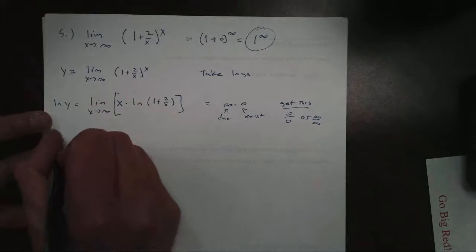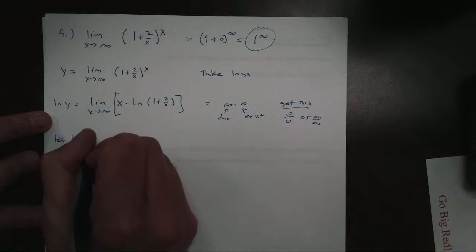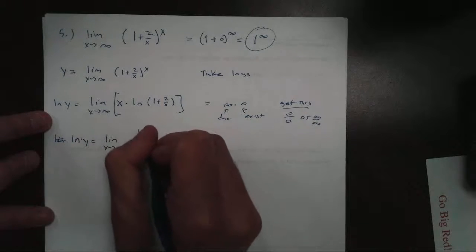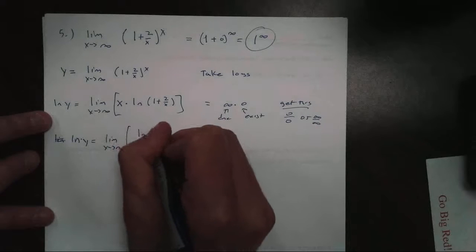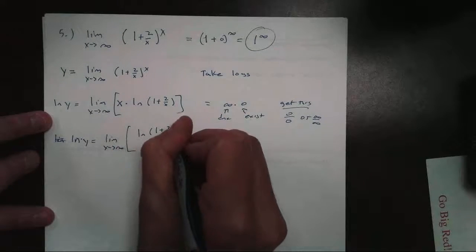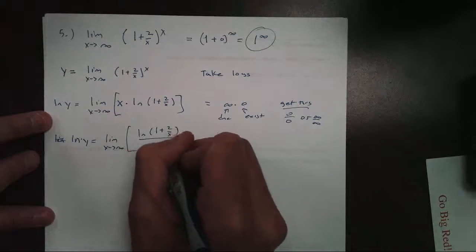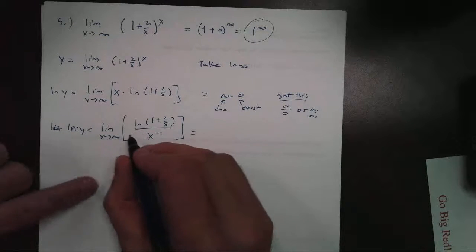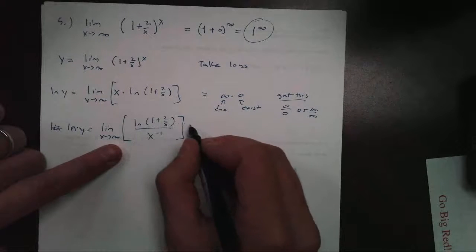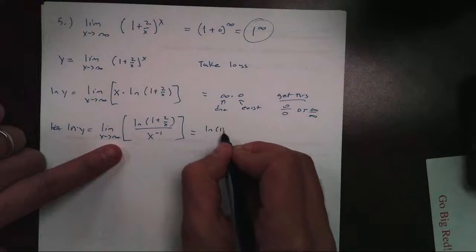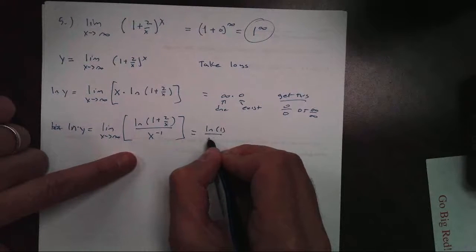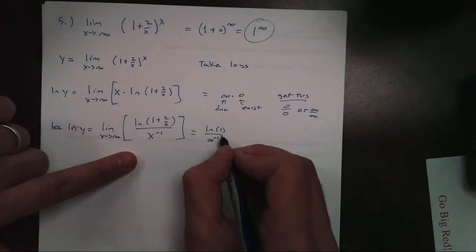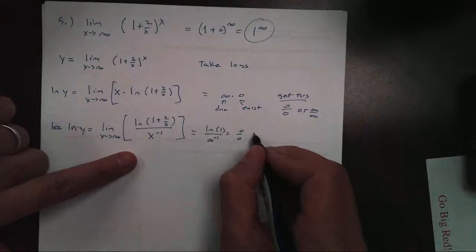So the natural log of y equals the limit as x goes to infinity of the natural log of (1 plus 2 over x) over x to the negative 1. And now when I plug in infinity, I get the natural log of 1 over infinity to the negative 1, which is 0 over 0.